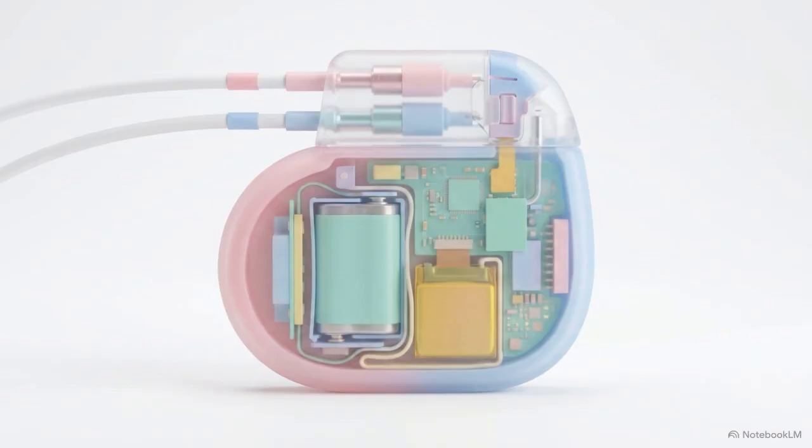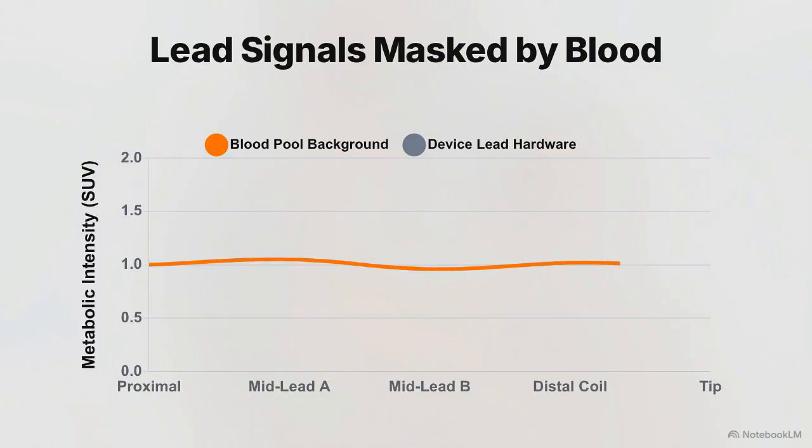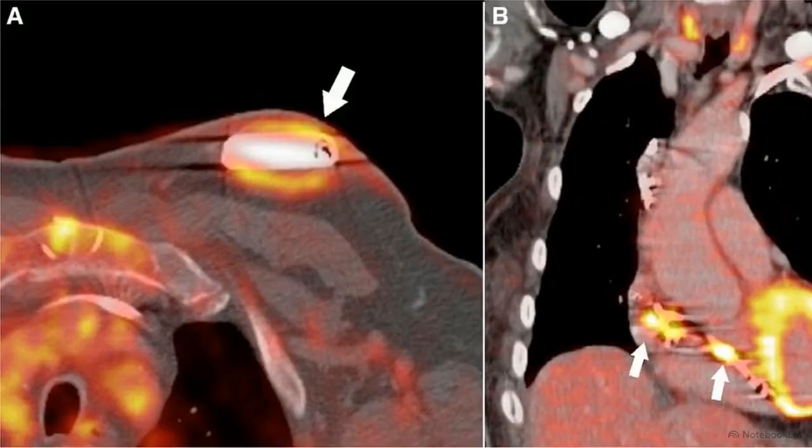However, these numerical SUV thresholds are unreliable for intracardiac devices like pacemakers or defibrillators. Because device leads have a baseline metabolic signal very similar to the surrounding blood, a simple quantitative ratio often leads to a false negative. Instead, device reads rely on qualitative visual analysis.